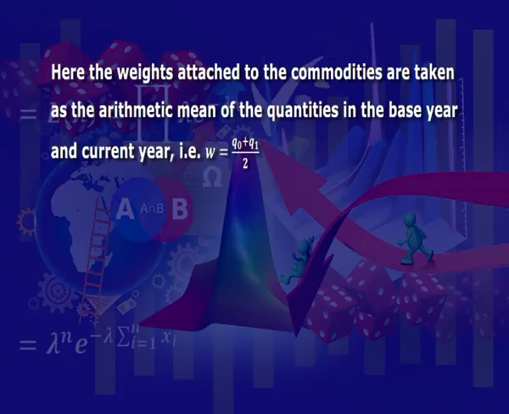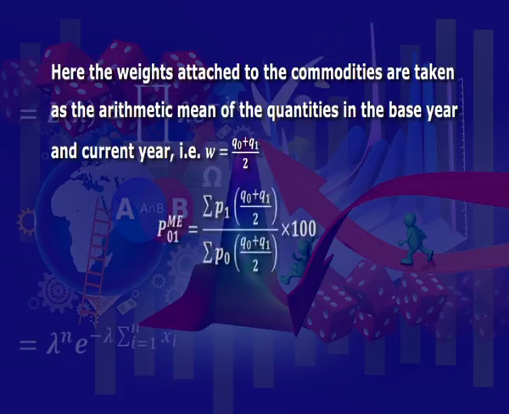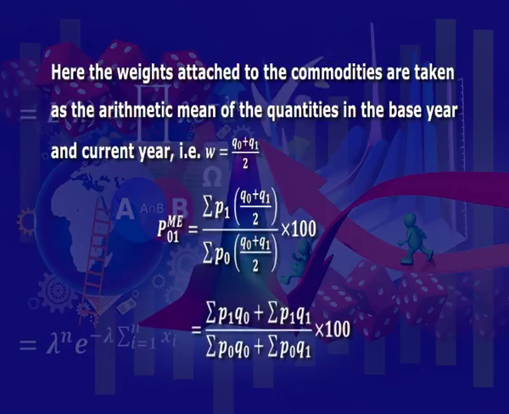That is, weight W equal to Q0 plus Q1 divided by 2, and the Marshall-Edgeworth index number is given by P01 ME equal to summation P1 multiplied by (Q0 plus Q1 divided by 2) divided by summation P0 into (Q0 plus Q1 divided by 2), whole multiplied by 100, which we can simplify as summation P1 Q0 plus summation P1 Q1, whole divided by summation P0 Q0 plus summation P0 Q1, multiplied by 100.